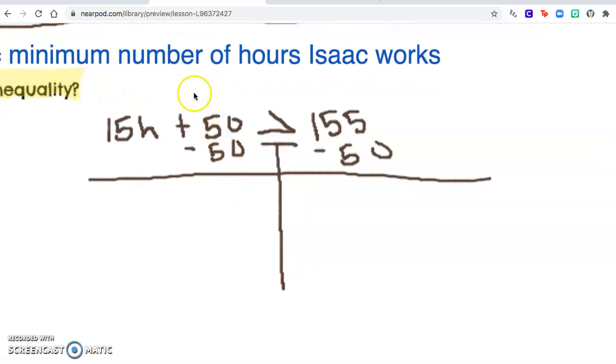Now, 50 minus 50 is 0, so again we get 15H has to be greater than or equal to, don't forget this sign, 105. So I have to figure out what times 15 gives me 105, so we divide.